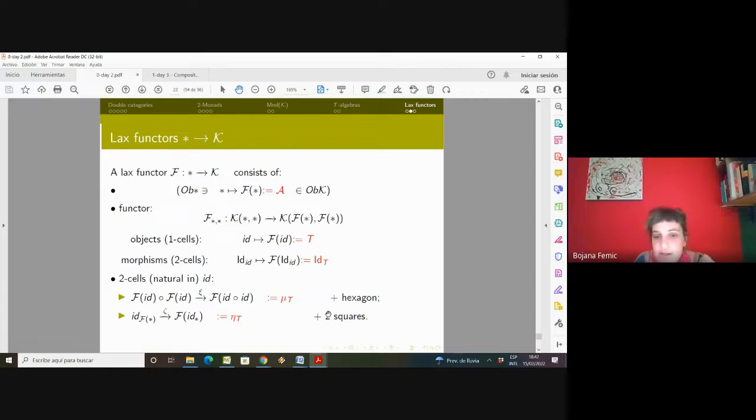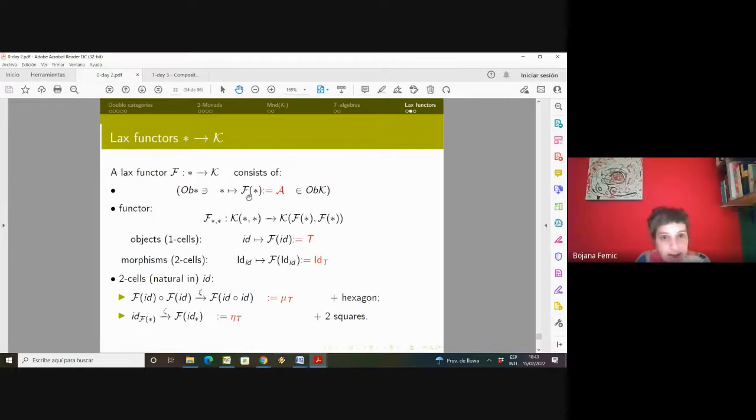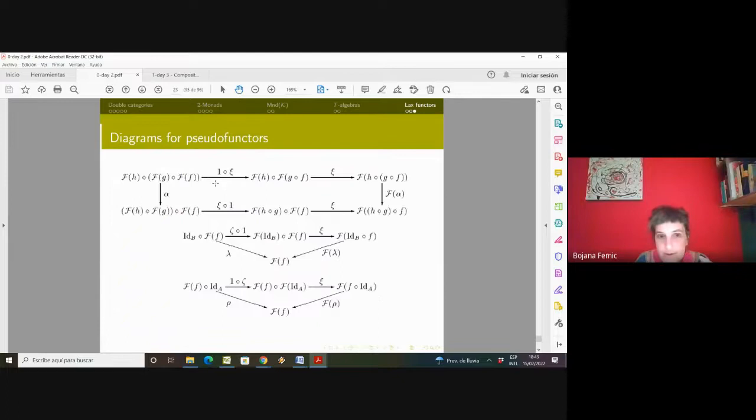Now let us check the hexagon and two squares. Well, here is the hexagon. If we consider that this K is a 2-category and not a bicategory, then alpha, lambda, and rho will be identities. So in this hexagon, I actually have just a square.